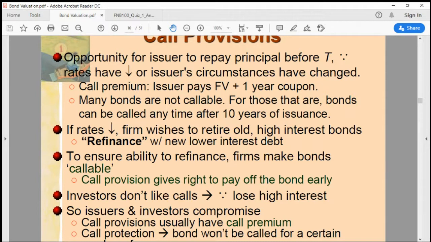But usually the clause about callability is hidden in fine print, hidden from plain sight. And sometimes the clause is convoluted, so it's not very straightforward.